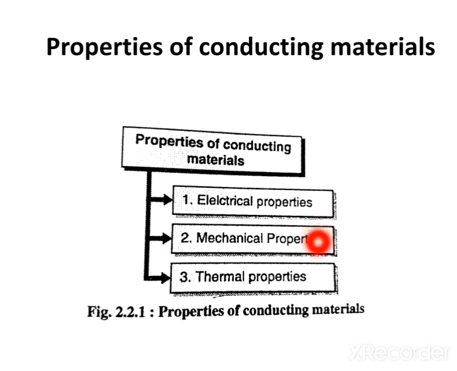The mechanical properties of a conducting material include that the material should have ductility and solderability. Ductility is the property of a material to be drawn into different types of wire. Means it is possible to draw different types of wire from the conducting material. This is included in mechanical property.